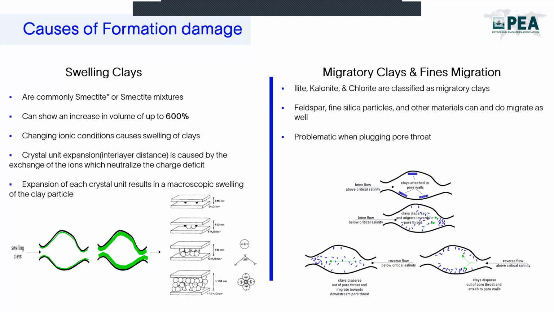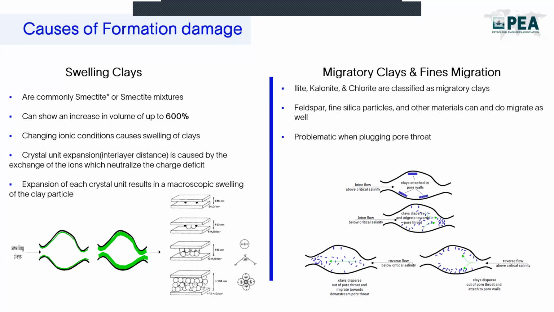These clays can show an increase in volume of up to 600%. Can you imagine that a very small amount of this mineral can swell up to 600% when exposed to water? This is a very, very serious issue.